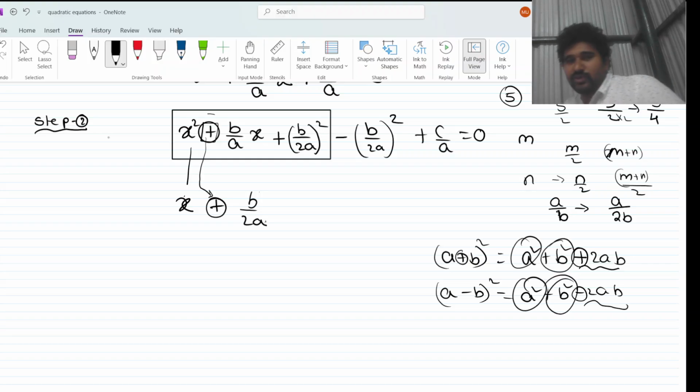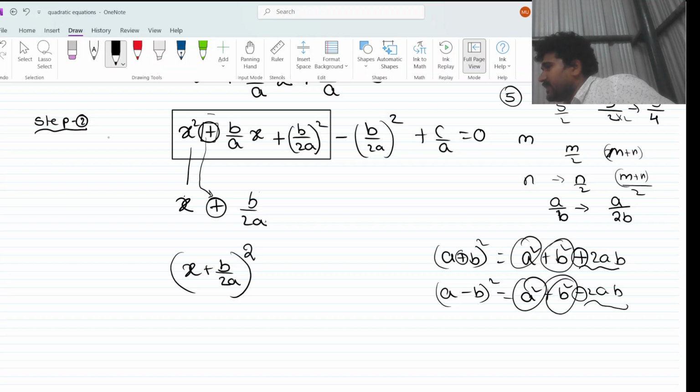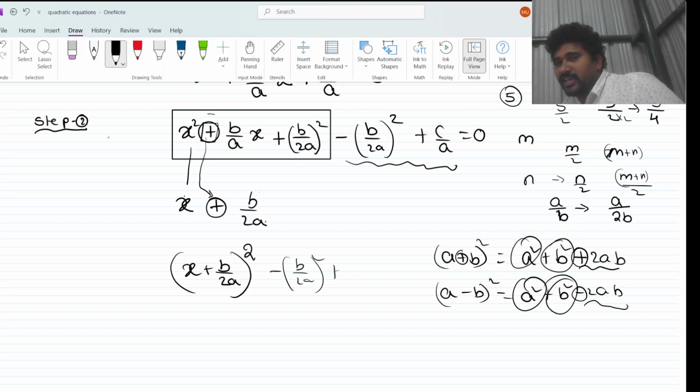Yes. So observe, x plus b by 2a whole square. You need to simplify this and you will get your answer. Okay sir, how do we simplify?